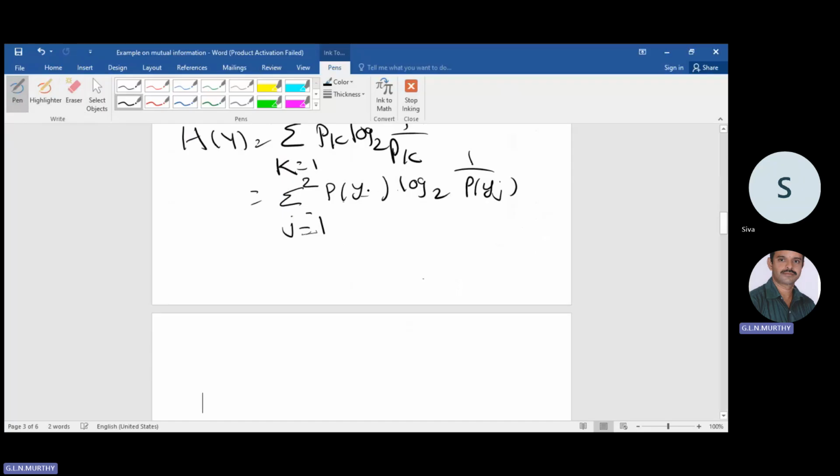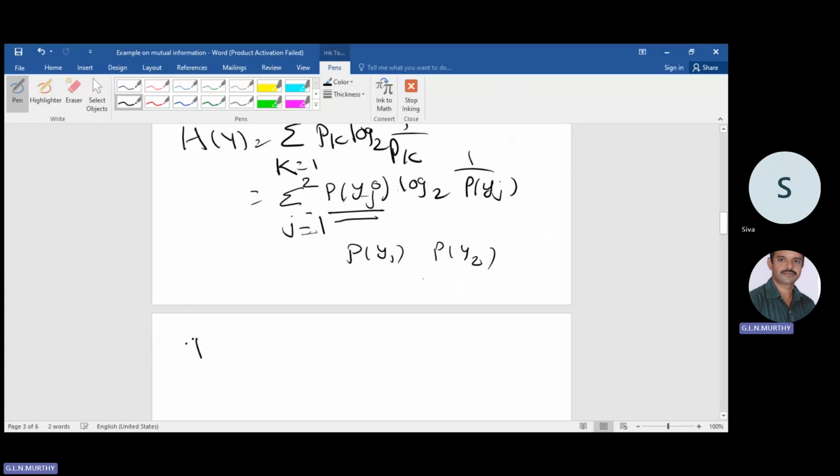But the probabilities of yj are not given. P of y1 and P of y2 are not given. Then how to estimate them? Either the source symbol probabilities P of x1, P of x2, or the destination symbol probabilities P of y1 and P of y2 can be estimated from the joint probability.